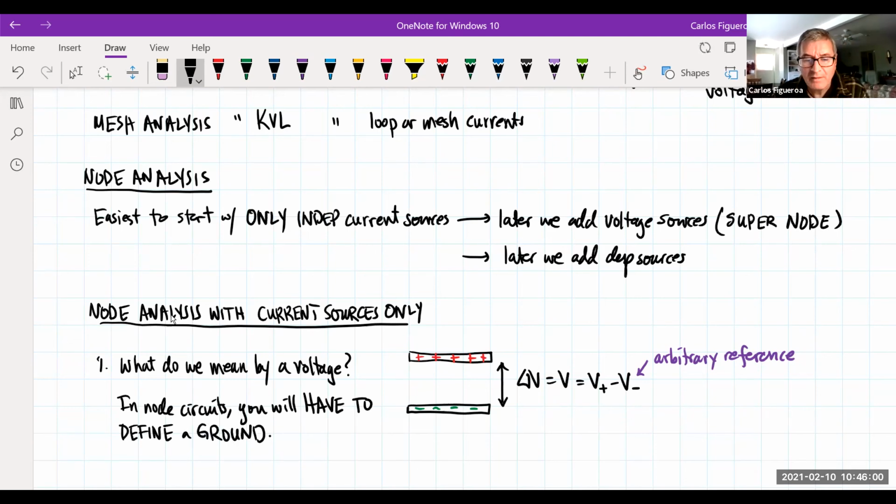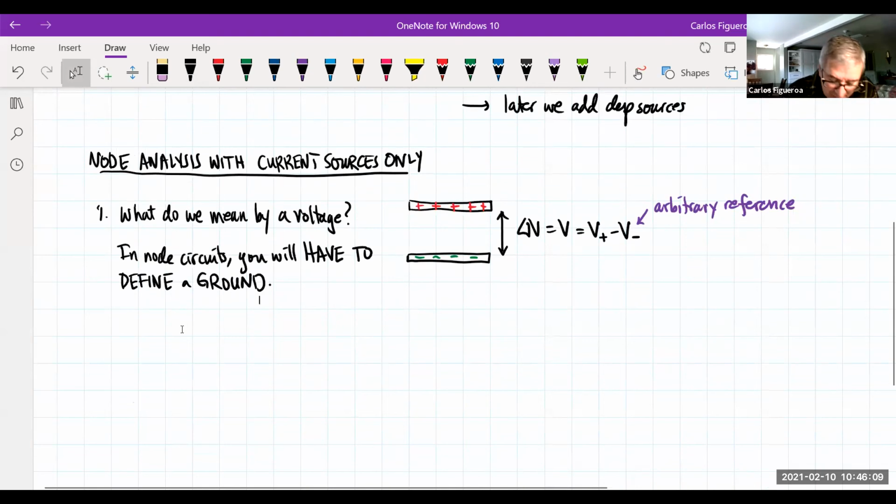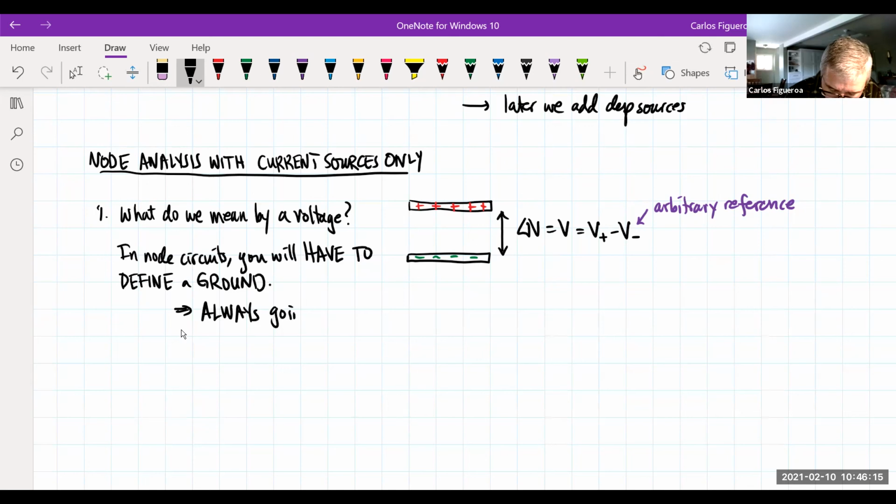Now, typically you choose the most convenient one, but you're always going to know one node voltage. And that node voltage, of course, is our 0 volt, our ground.